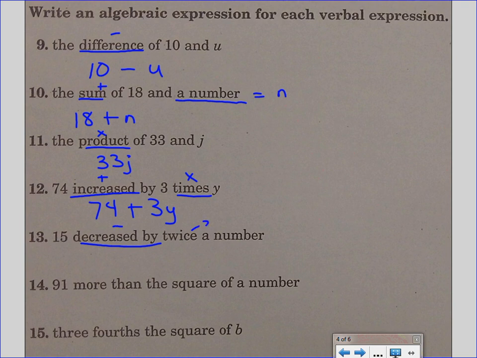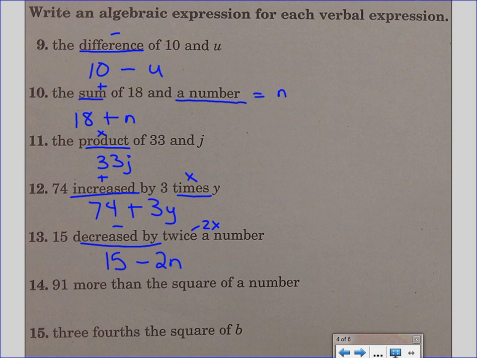Twice means I'm going to multiply it by 2, so 2 times that number. So I'm going to say 15 minus 2 times a number n. And I don't need to put the multiplication sign in between, it's implied.